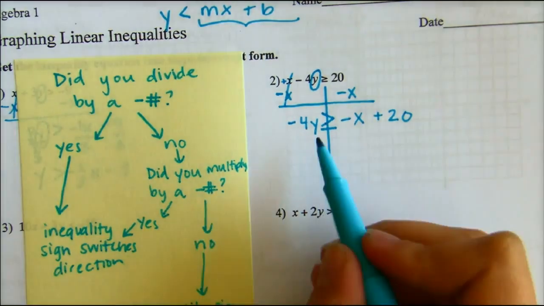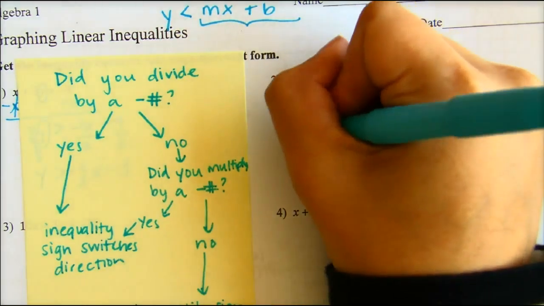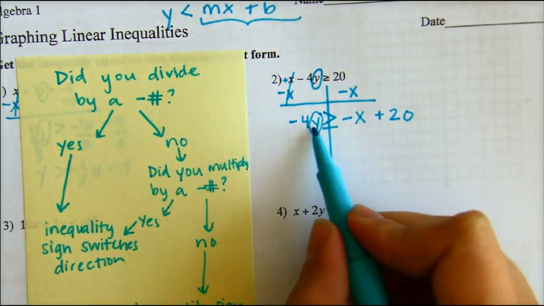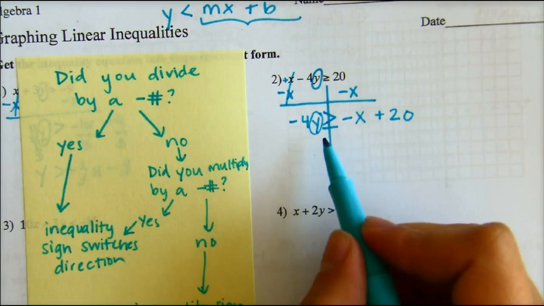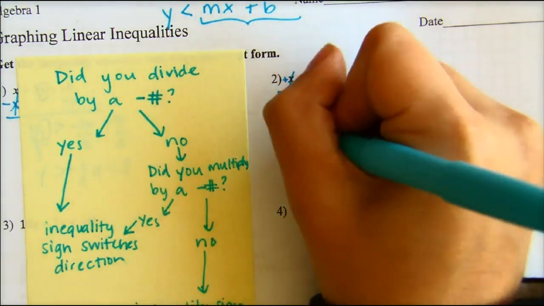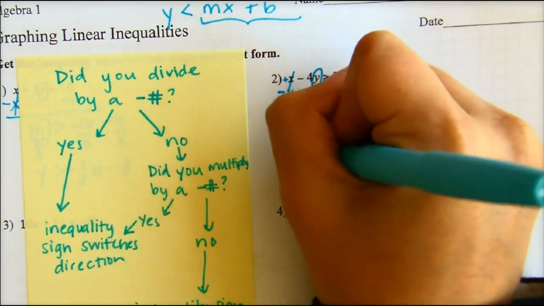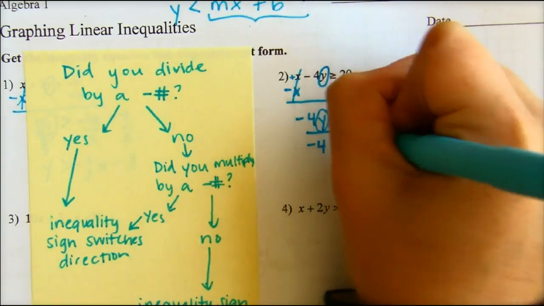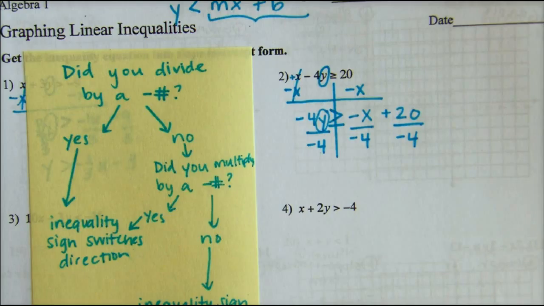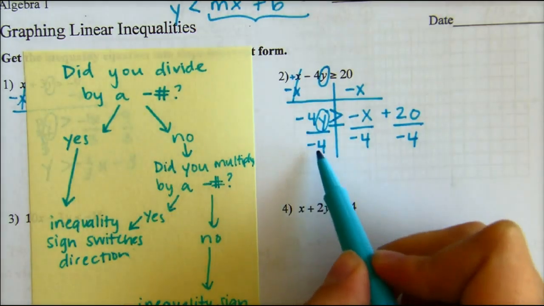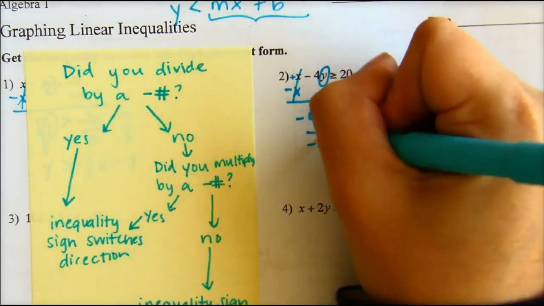Okay, last step, still trying to get y by itself. Next to this y is a negative 4. The two are being multiplied together. So to get rid of that negative 4, I'm going to divide by a negative 4. Every single term on both sides. Over here, negative 4 divided by negative 4 is just 1.